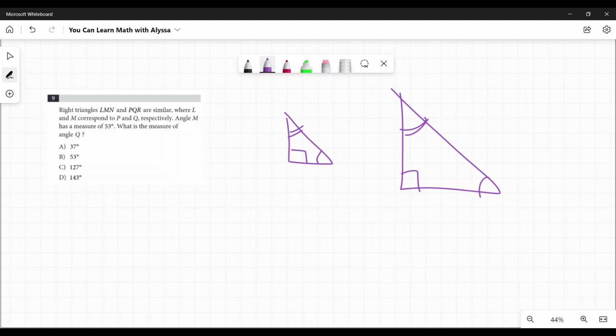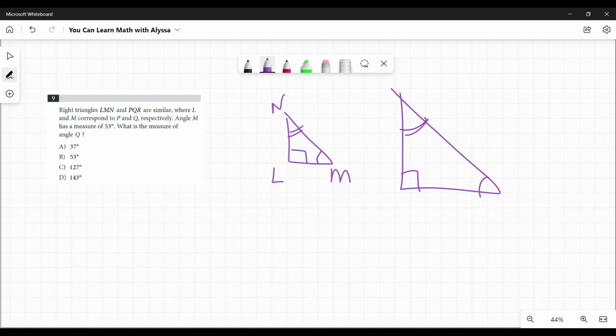So corresponding angles, the angles that are lined up with each other: if you were to shrink or enlarge one of these triangles to make them match identically so they would overlap, those corresponding angles are the same. So they're telling us right triangle LMN. A lot of these, they give you more information than you need. That's very common on the SAT. Honestly, you don't need to know that this is a right triangle, but there we are.